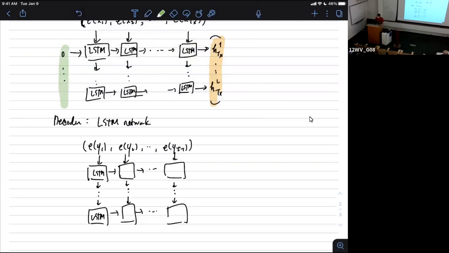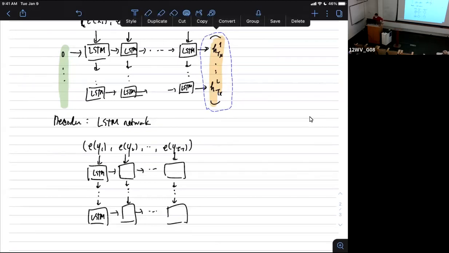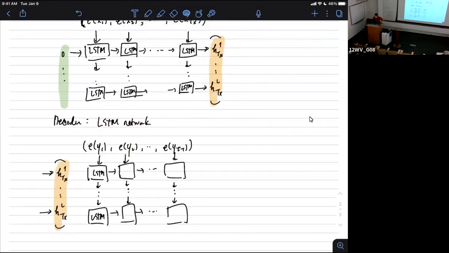But in the case of the decoder, the decoder cannot simply summarize the target prefix. It has to summarize the target prefix as well as the entire source sentence. So the idea is to copy over the hidden state and the cell state that come out of the encoder, and use that as the initialization of the decoder's LSTM.